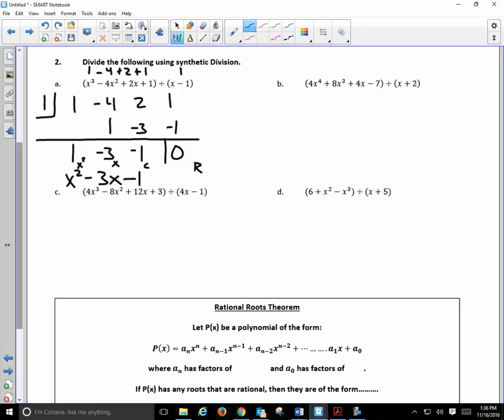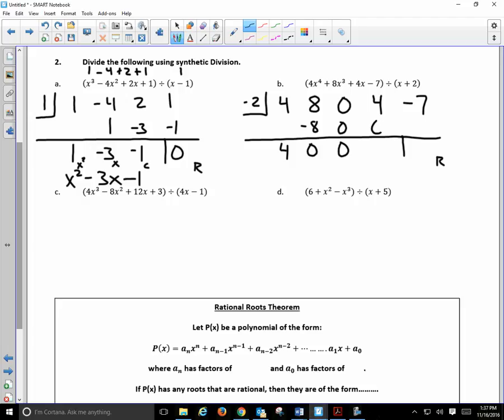What number do I put up in my box? My coefficients are 4, 8, 0, and so again, constant, x, x squared, x to the third.